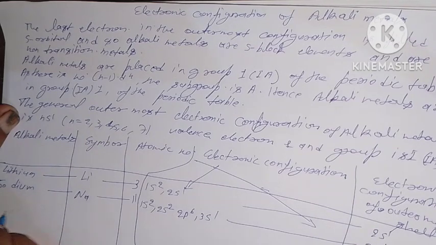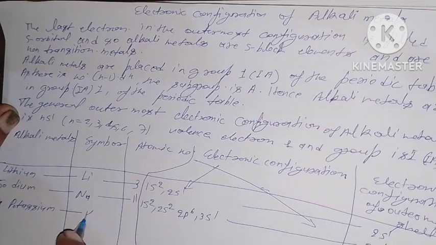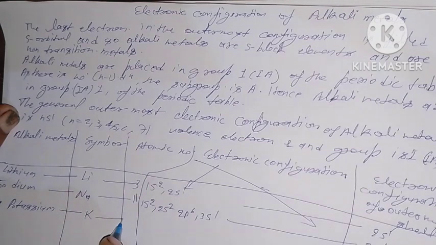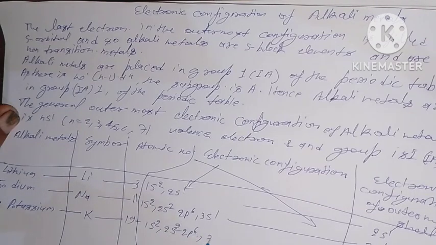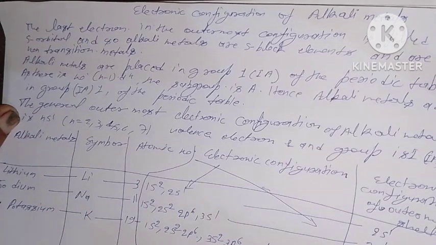Next is potassium, symbol K, atomic number 19, electronic configuration 1s2 2s2 2p6 3s2 3p6 4s1, outermost 4s1.